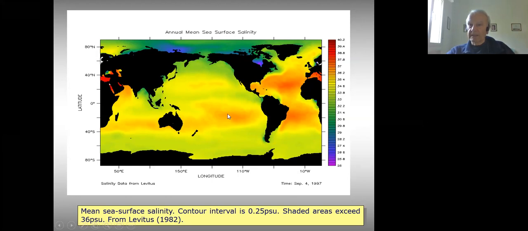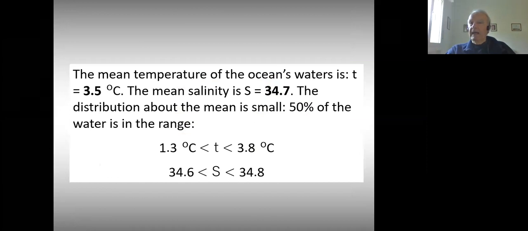Also, the same thing in South America. So E minus P is a parameter which determines characteristics not only in the ocean but also on the continents. To give you an idea of the mean temperature of the ocean: the mean temperature of the ocean is 3.5 degrees Celsius, which for me is very, very surprising.